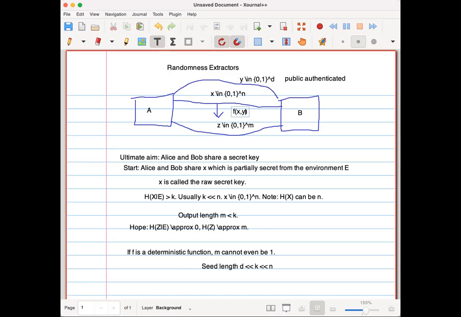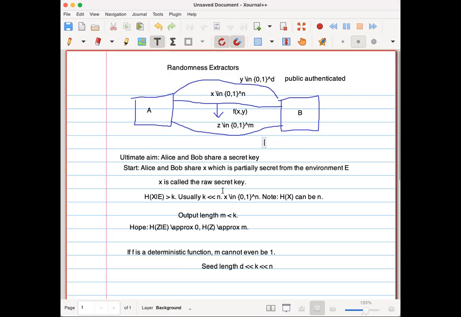So what they use y for is that this function f depends upon both x and y, and they apply that. The output is Z now. And what I want is the same thing: that now some magic happens and Z is independent of the environment.